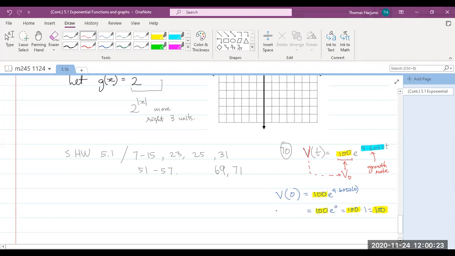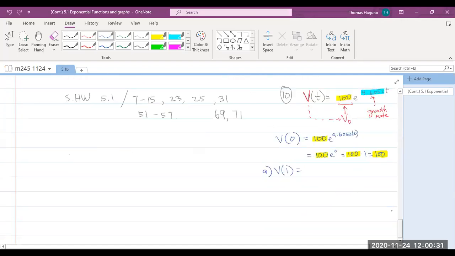Now, for example, part A, the question is how many computers are infected in 1 hour? Then you basically plug in t equals 1. You can use your calculator for this. I hope you know how to use your calculator. Let me show you how to use your calculator. Give me a second.